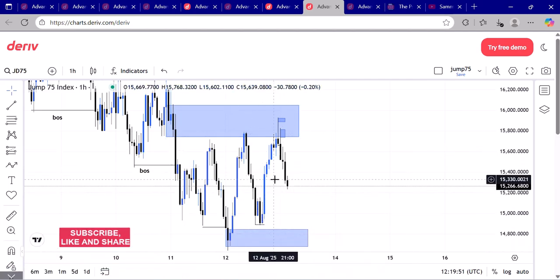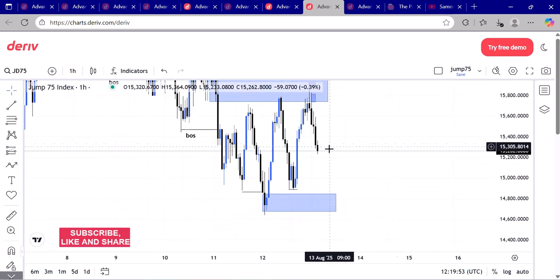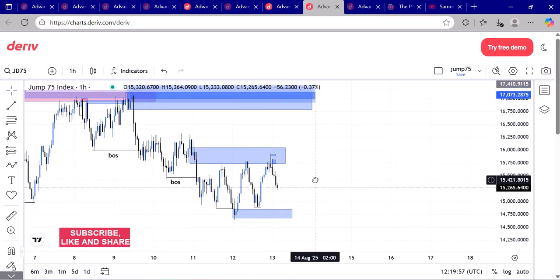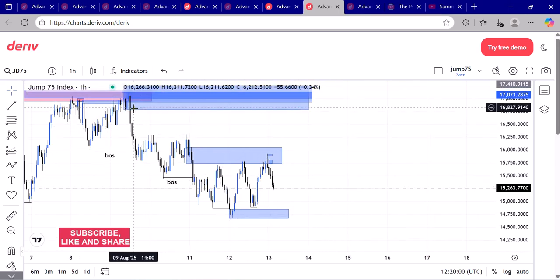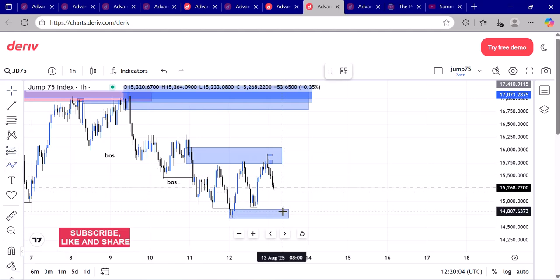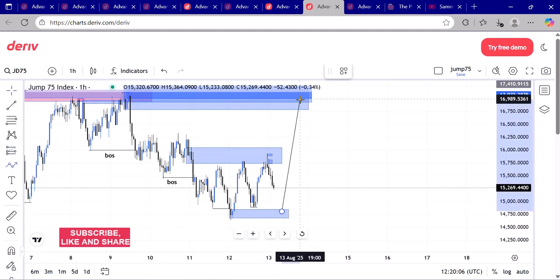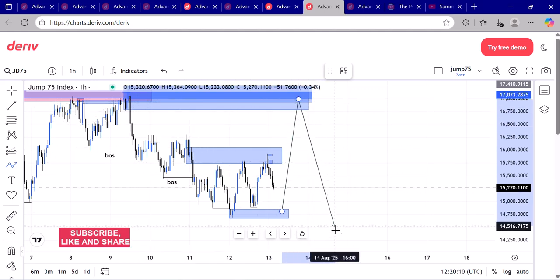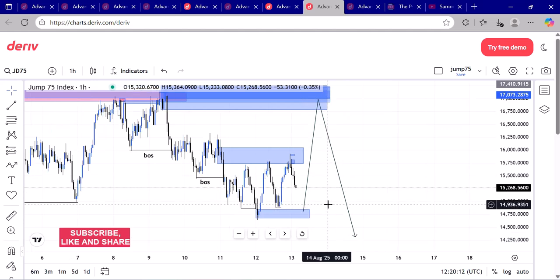Okay, and then price came in again. So remember, our major buyers: because of this void that was created here, we are expecting price to come down here, trade here efficiently, tap into our zone, and then sell off. This is our major buyers.